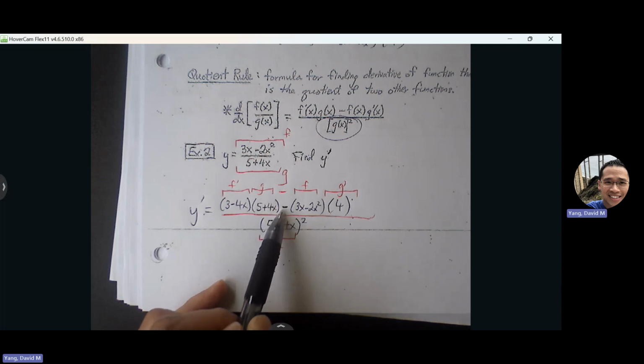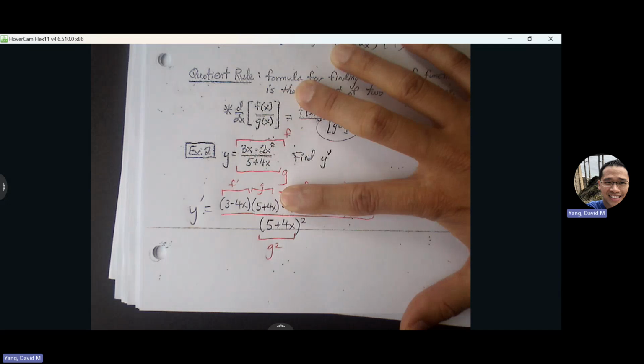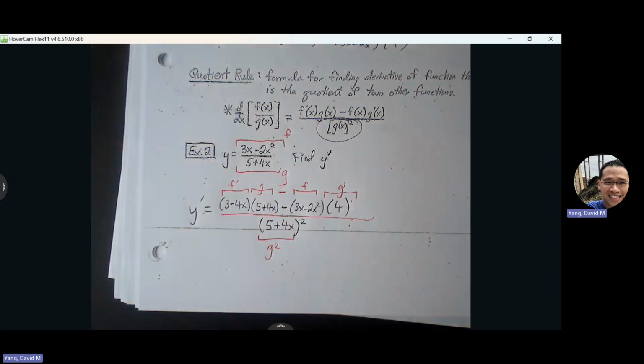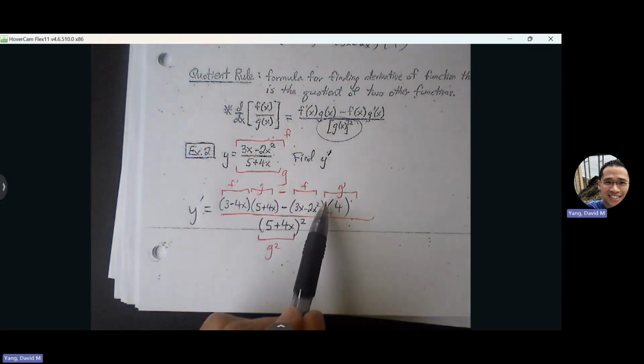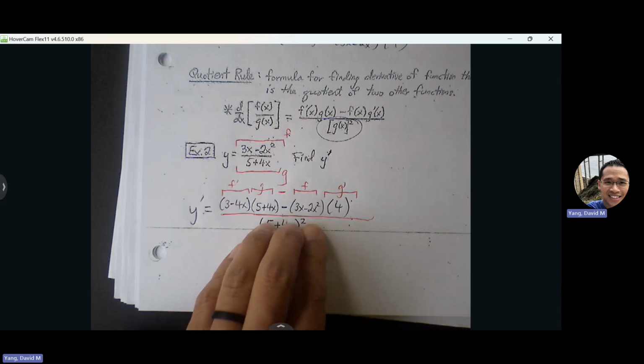So I cannot cancel across addition or subtraction. If this wasn't here, then yes, I can cancel the 5 plus 4x's and I'm not breaking any rules. But usually within quotient rule, you're not going to do anything with the denominator. So if you want to clean up, you're just going to clean up within the numerator.